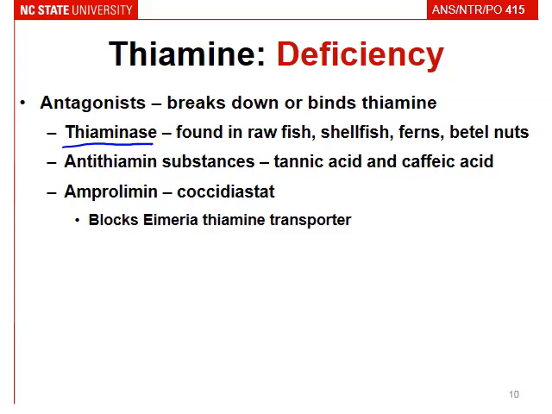So if you eat a lot of sushi, you may be prone to some thiamine deficiency. They're also high in ferns and betel nuts. We have anti-thiamine substances. This includes tannic acid and caffeic acid.